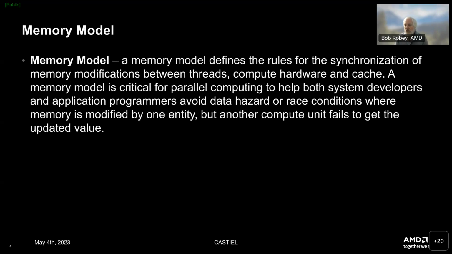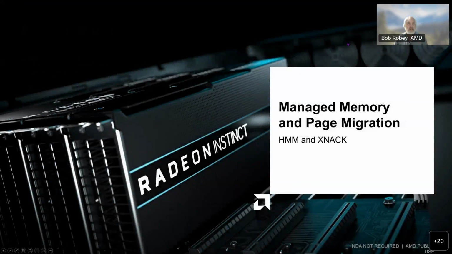If you don't understand this or aren't watching for it, you can get data hazards or race conditions where you get a wrong answer because one of the compute units doesn't use the updated value. These are particularly difficult things to catch when you're developing code.